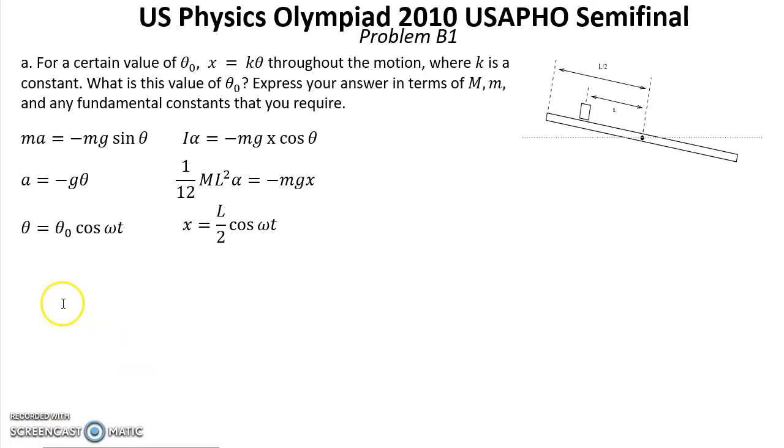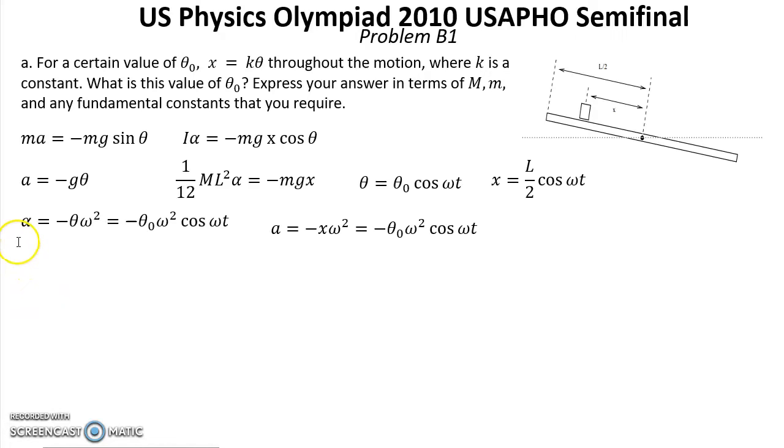And now we can count what is the angular acceleration of this motion and what is the linear acceleration of this block. We just need to take a second derivative of this expression with respect to time.